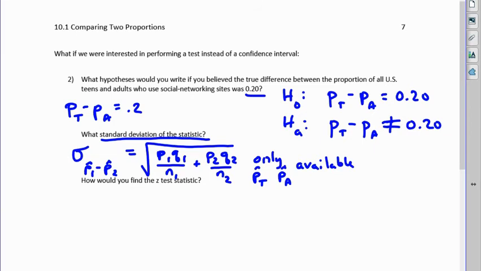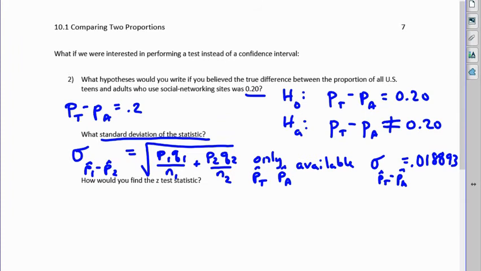So in this situation, we're going to have to use that same number that we had before. We're going to use as our best estimate of our teens minus our adult proportions the number from the other page, with the calculation being on the other page. That's our best estimate of that number.